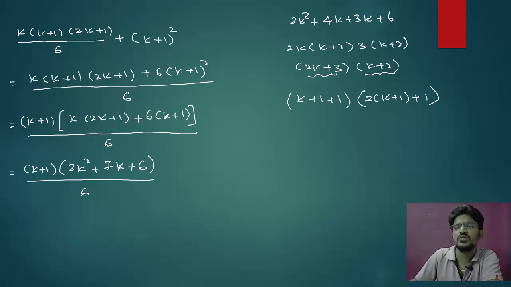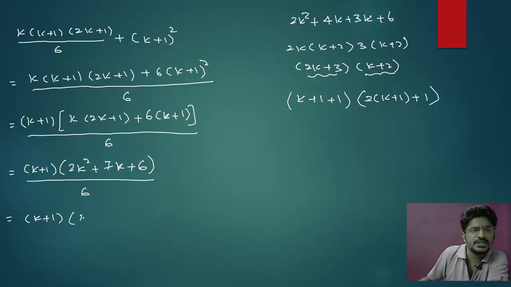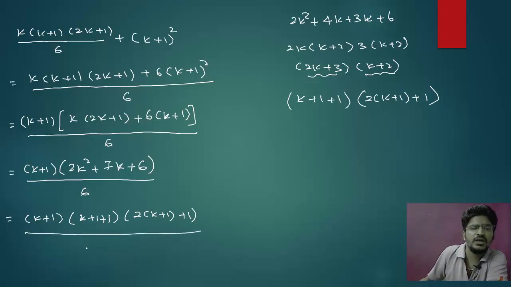You are going to get 2k plus 3. Okay. So therefore, this is nothing but k plus 1. So k plus 2 can be written as k plus 1 plus 1. And the remaining term you can write as 2 times k plus 1 plus 1, divided by 6.